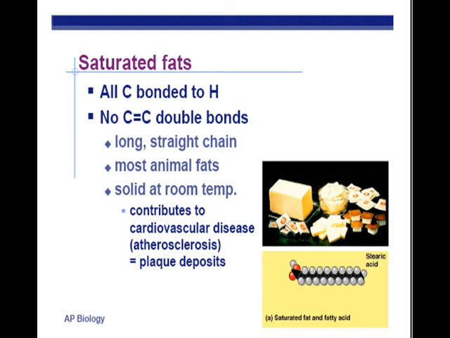Because they make long straight chains, they pack together very nicely, and they act as solids at room temperature. Think butter or lard. Too much saturated fat in your diet can lead to plaque deposits in your blood vessels, cardiovascular disease, talk about atherosclerosis. We have to kind of be careful of the kinds of saturated fat that we're eating.